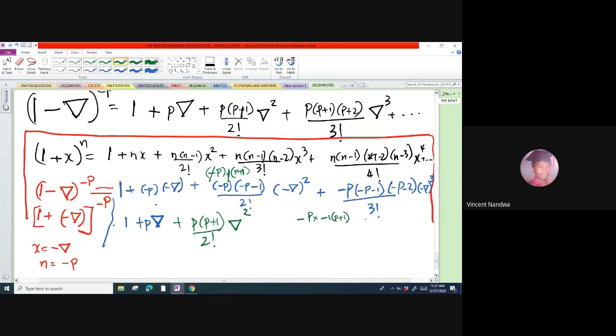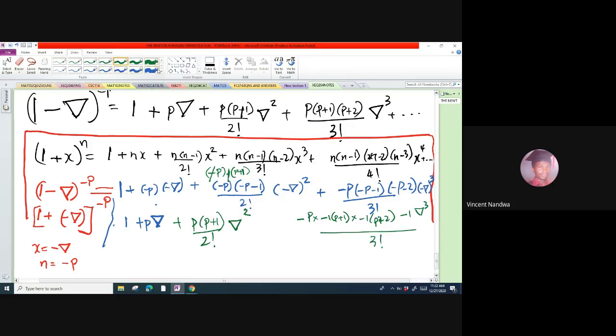I also factor out the negative sign here, so times negative 1 into p plus 2, because when I factor out the negative, this will be a positive sign. And then remember, this is negative backward power 3, so when the power is odd, the sign is negative. So it's like I have negative 1, then backward power 3, so then everything here over 3 factorial.